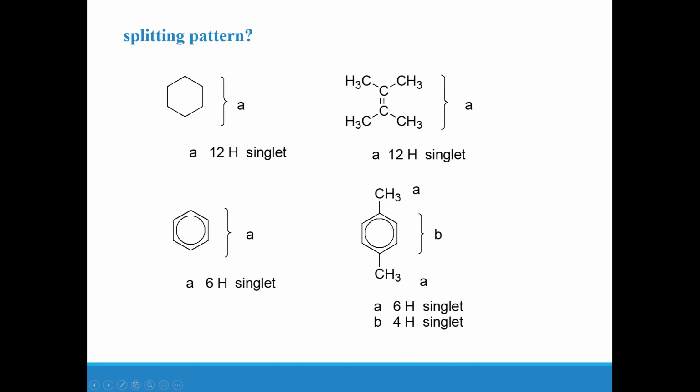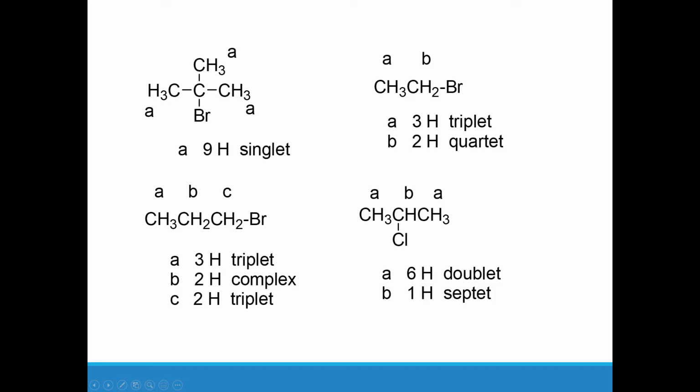For this dimethylbenzene, we have our benzene group, which is a singlet, and then our methyl groups that share no neighboring hydrogens that are also singlets. Using that same theory for this molecule over here, because they don't share any neighboring hydrogens, they are singlets.